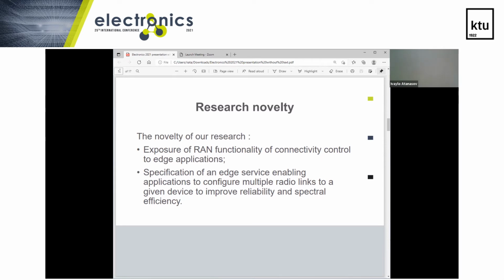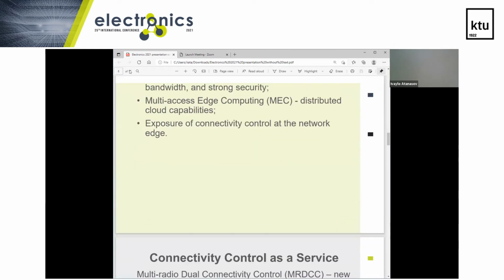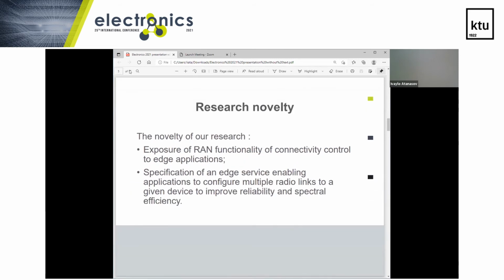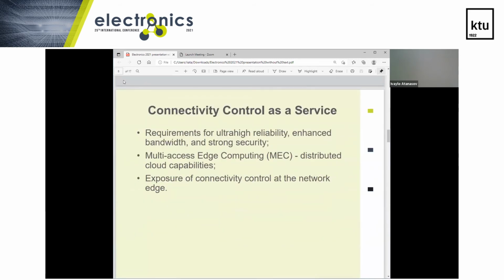Opening the network edge for this functionality enables applications deployed at the edge to influence the device connectivity based on local policy, actual radio network conditions, device location, or context.